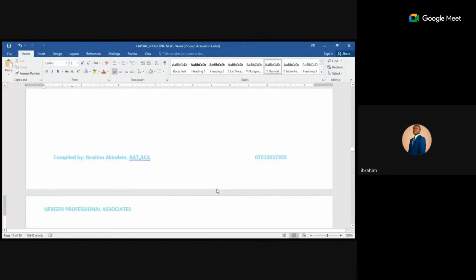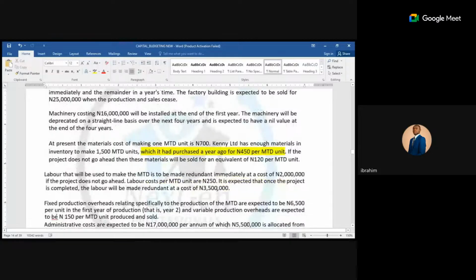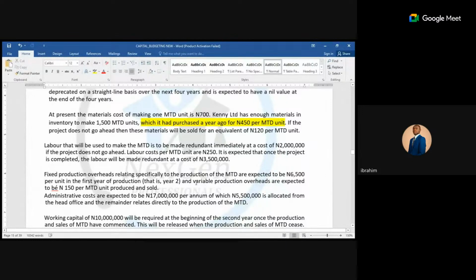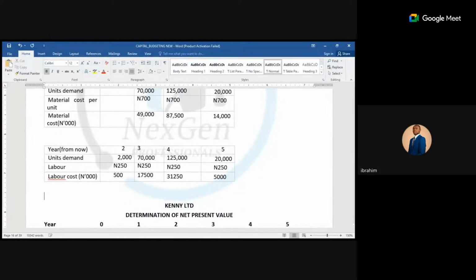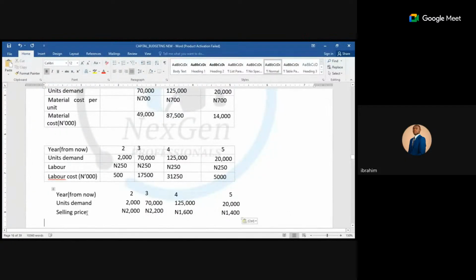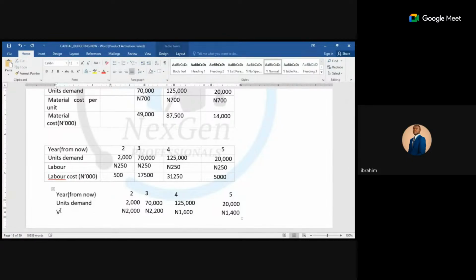So a quick one. Let me quickly copy that variable. Variable production overhead is 150 naira per MTD. So 150 variable, I'll use VC per unit, it's variable cost per unit. 150, right?